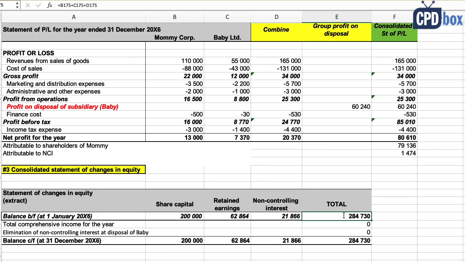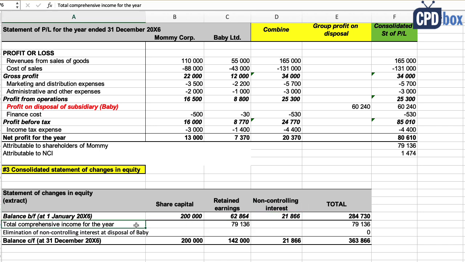Fine, we have these nice opening balances, so let's tackle the movements. As I've said, no movement in share capital. Retained earnings changed because the group earned profit for the year until the loss of control date, and that was 79,136, and we take just group's share, so attributable to the owners of the parent from the consolidated statement of profit or loss.